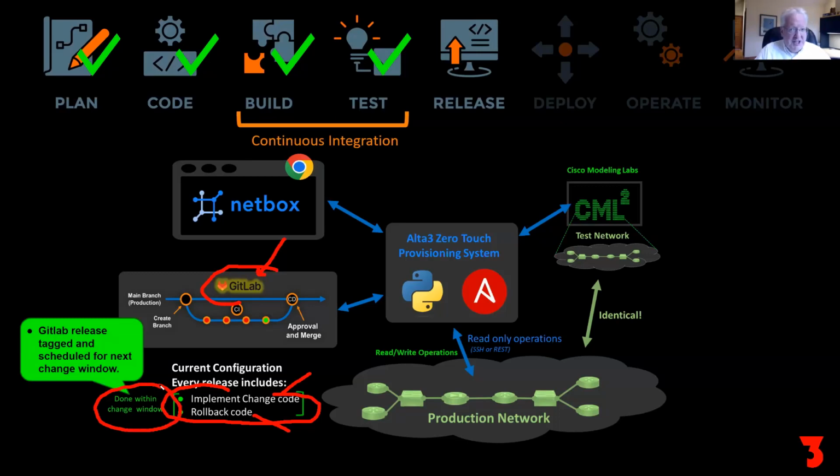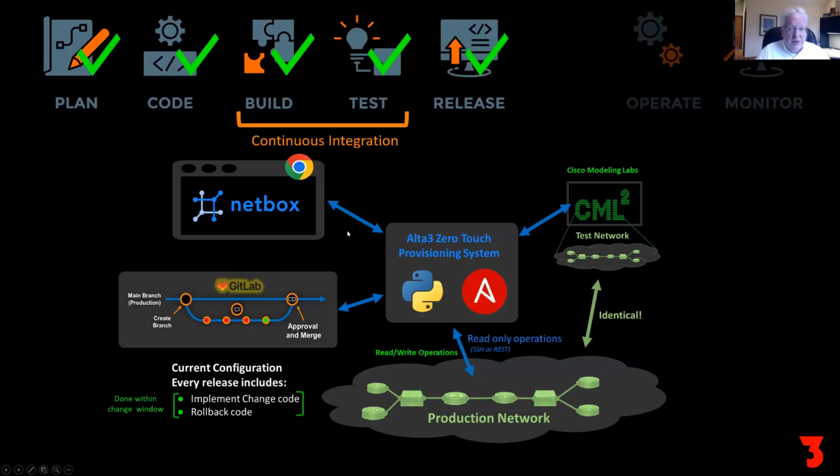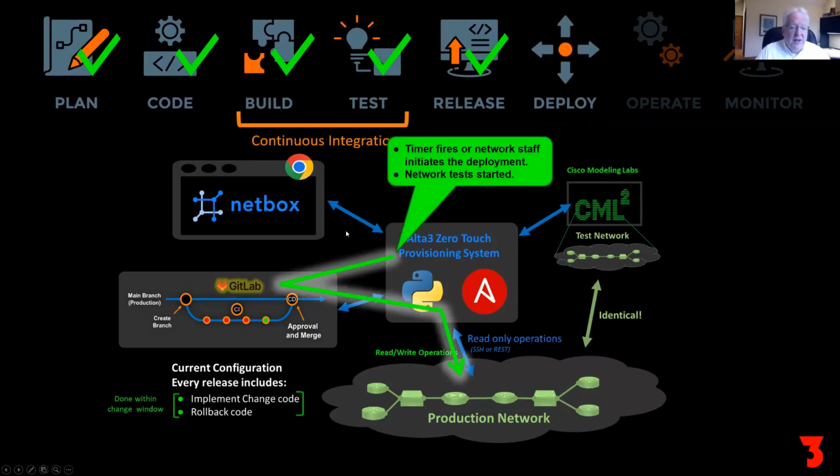A little more about that change window in a moment. So we're ready for the second part of the CI/CD, and this has to wait till the change window appears. So let's bring in the deploy phase. Now, at this stage, a timer fires, which if you're new at this, I wouldn't fire a timer.